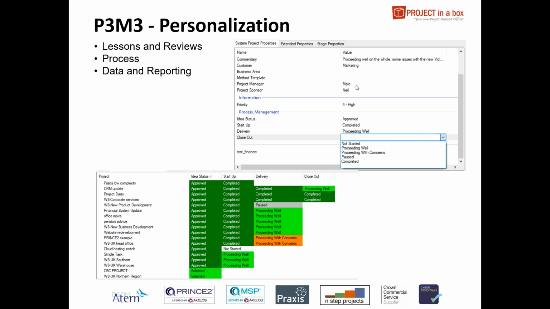So people are often starting to add some structure to their system by collecting things like departments or programs or corporate objective alignment. That sort of information collected here means that you can then use that to display. So here we've got a display of a load of projects in a portfolio or program, and we can see what statuses they're at at the various points using exactly this information here.